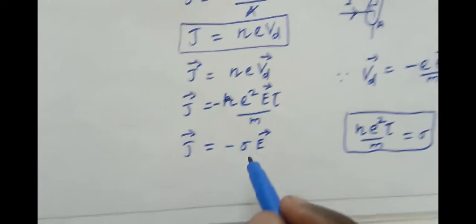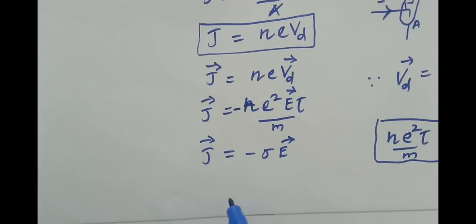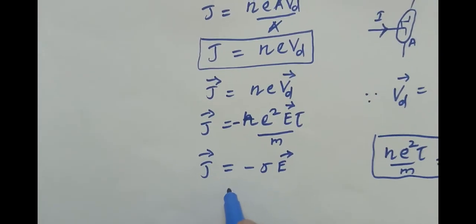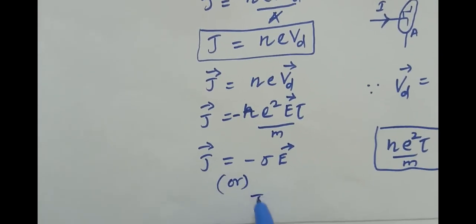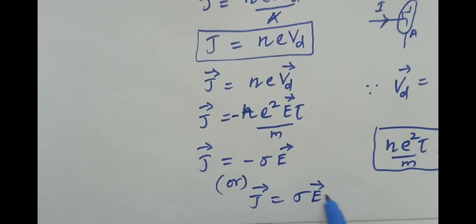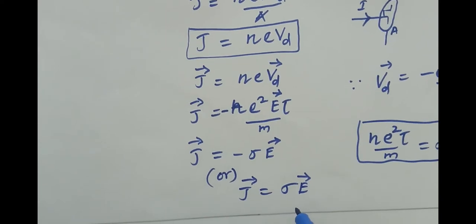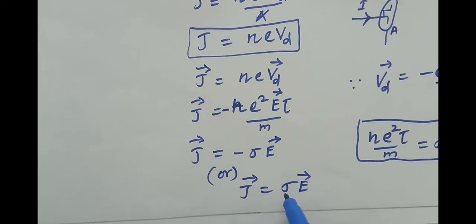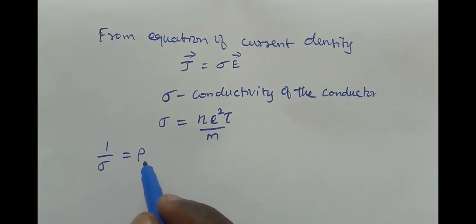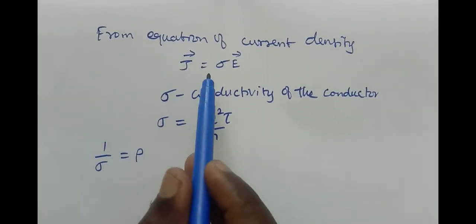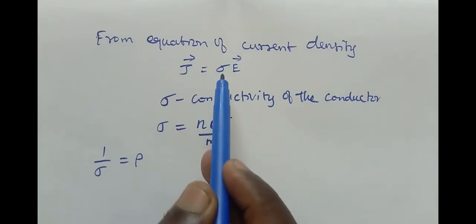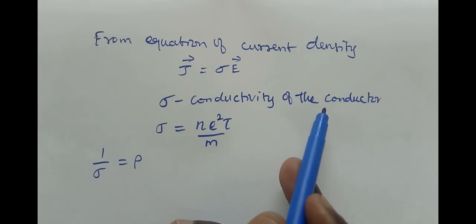Are you clear, children? Okay. This term is called the conventional current direction. So J vector is equal to sigma into E vector. Sigma is nothing but the conductivity of the material.